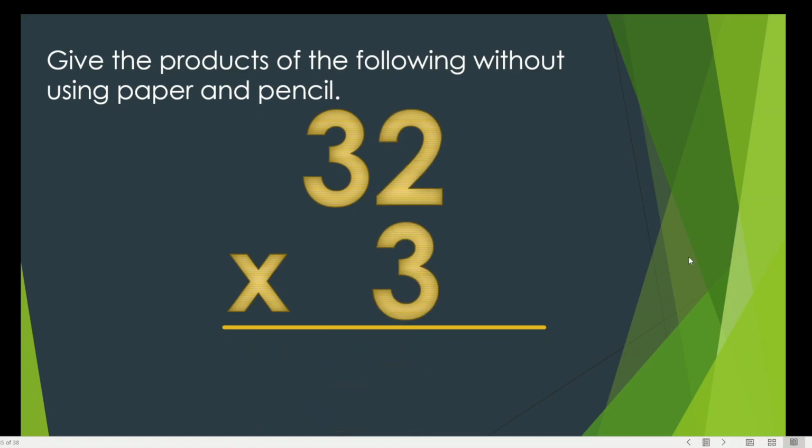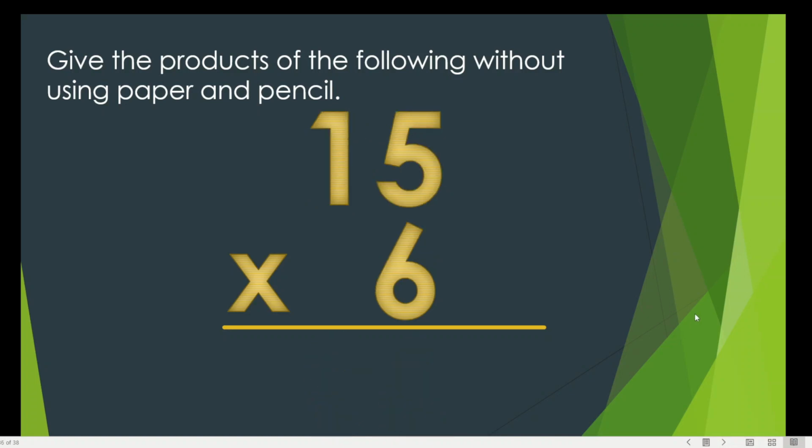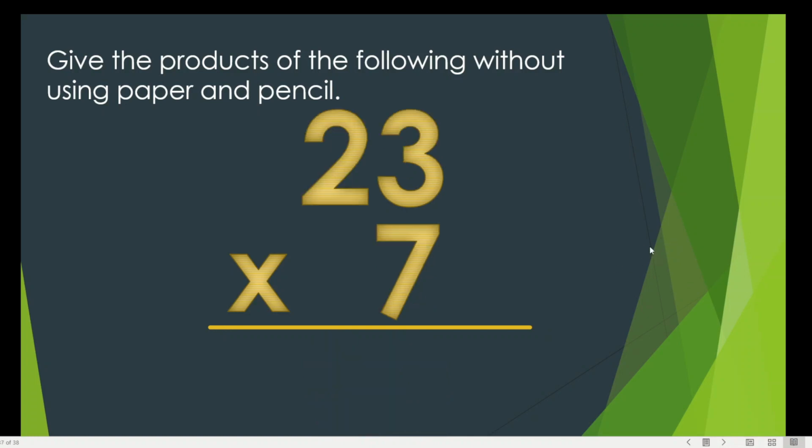How about 32 times 3? So the answer is 96. Very good. How about 15 times 6? Okay, the answer is 90. 23 times 7? The answer is 161.